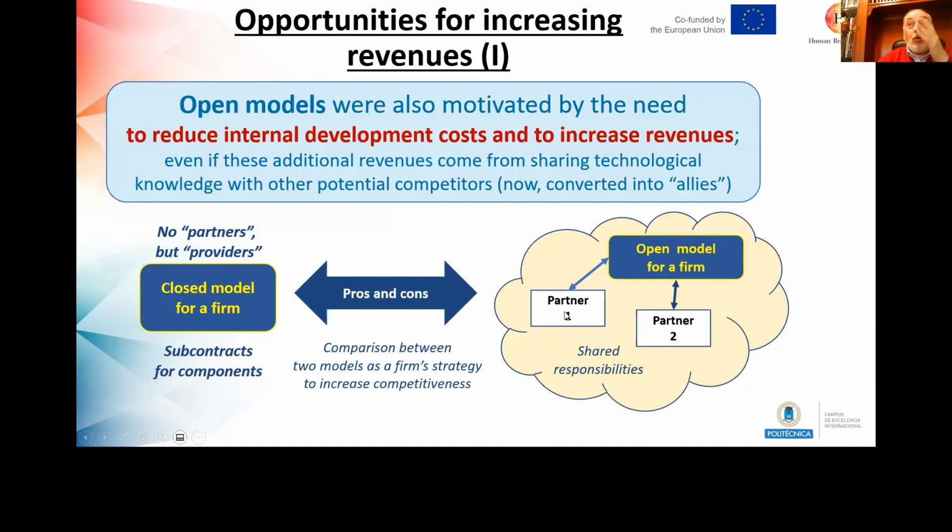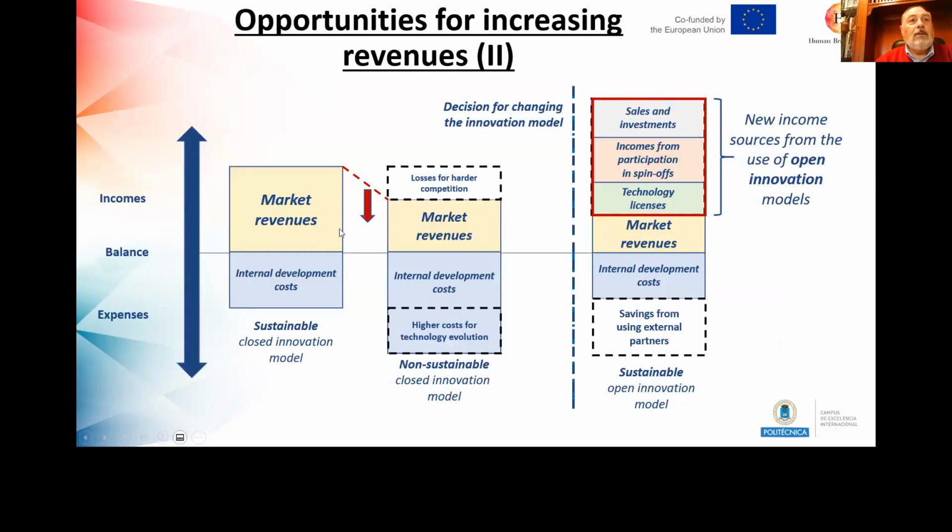Not easy, for sure. You need to solve things. But there is also another element here. This transition from the closed model to an open model is also coming because sometimes you need to increase your revenues. Revenues? In what sense? Well, maybe you could have market revenues higher than the internal development costs, and the balance is positive, so I have more income than expenses, everything is okay.